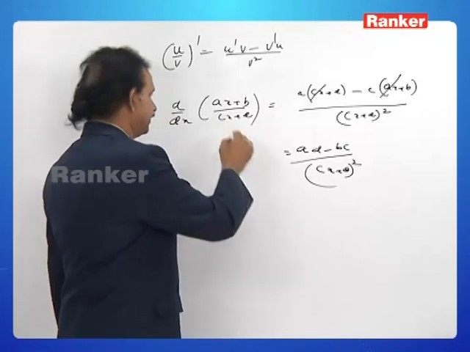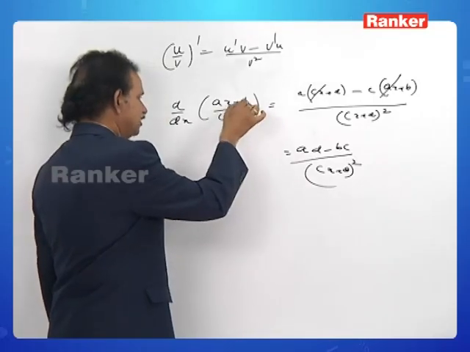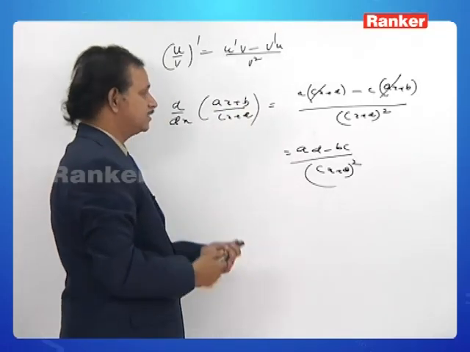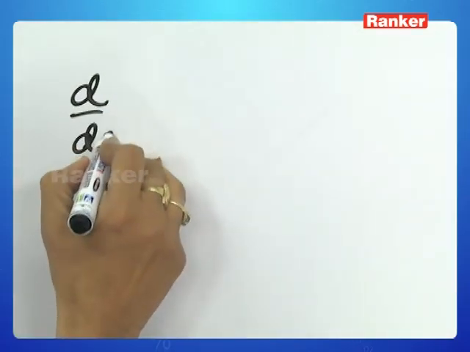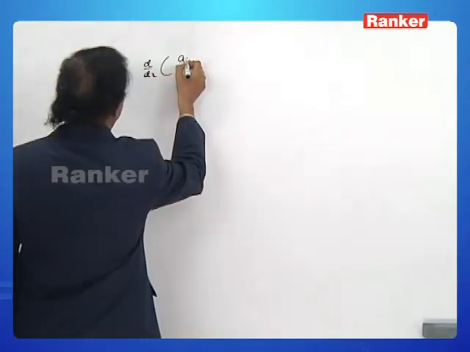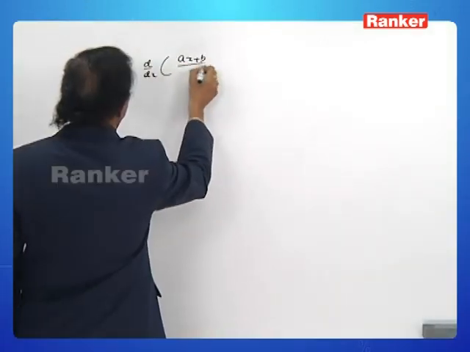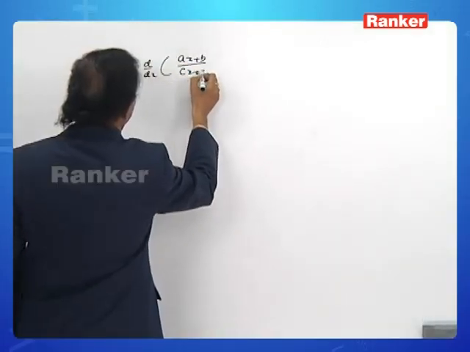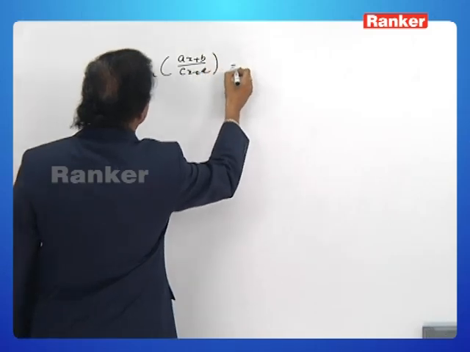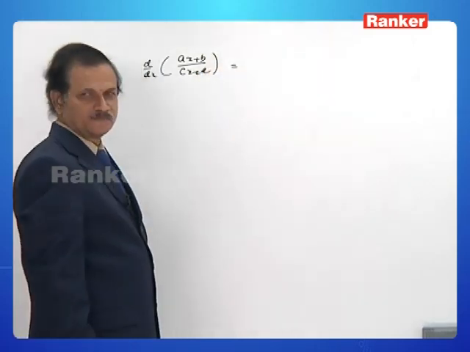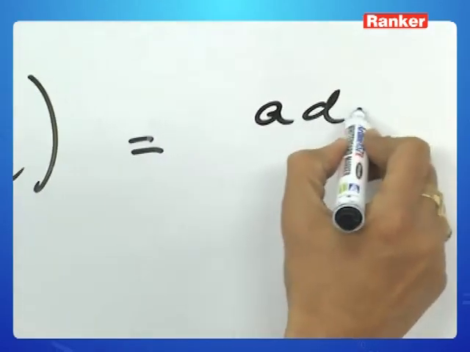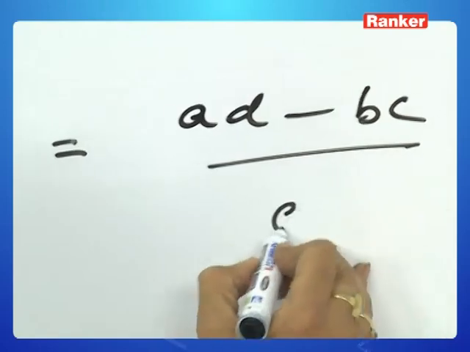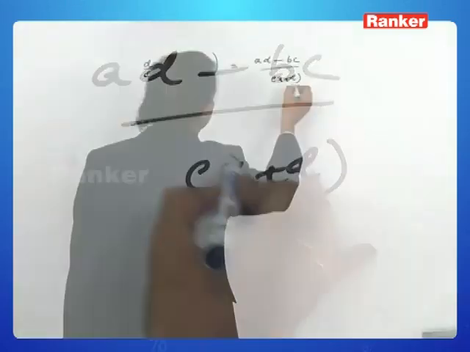It is nothing but the determinant ad minus bc by the denominator whole square, that is (cx plus d) whole square. What is d by dx of (ax plus b) by (cx plus d)? It is just ad minus bc by (cx plus d) whole square.